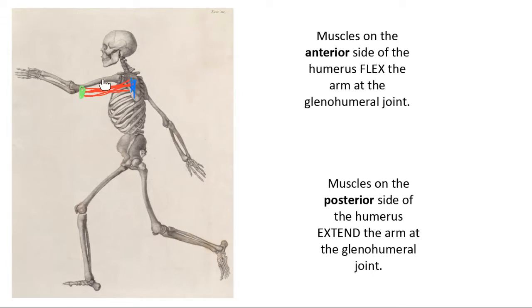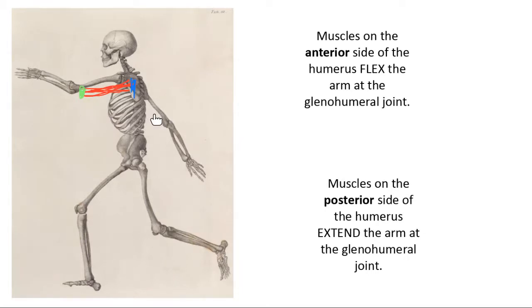If I attach somehow to the back side, so any of your muscles of the back side of the body, you're going to pull the humerus back. We're extending it away from the sternum, for example, away from the front side of the body. Extension is what the muscles that live on the back side of the body do. Flexion is what the muscles that live on the front side would do, pulling this arm back toward the front.